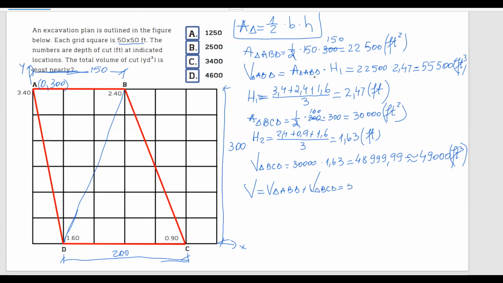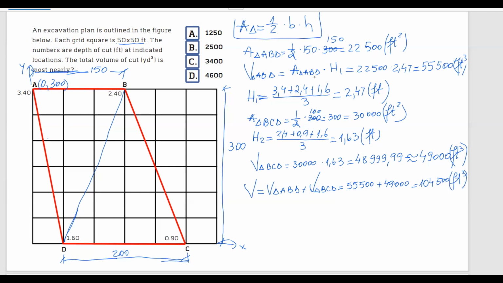And this is equal to 55,500 plus 49,000. So 49,000 plus 55,500 gives me 104,500, and these are feet cubed.